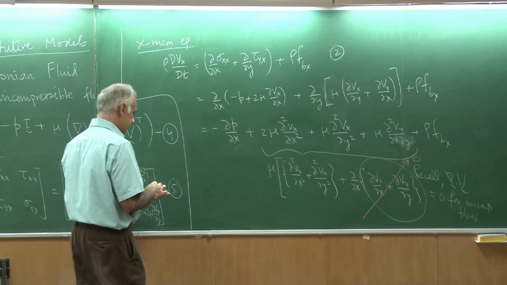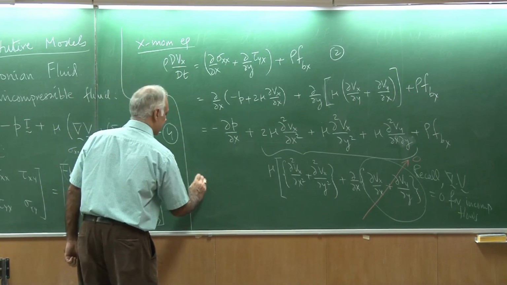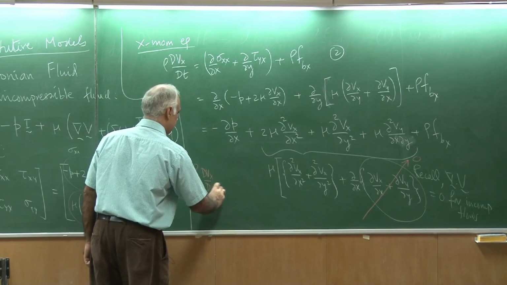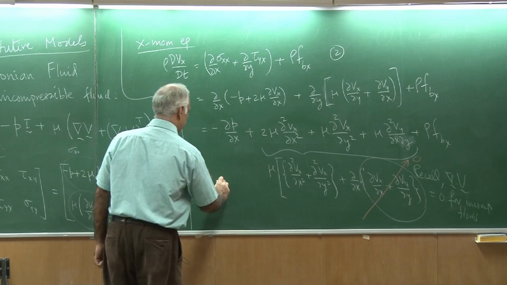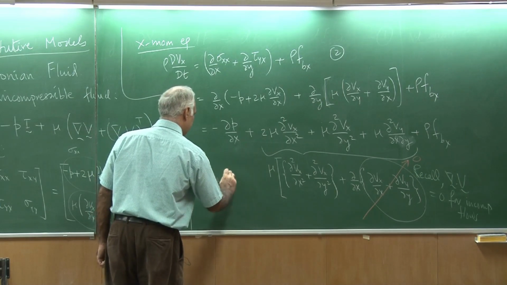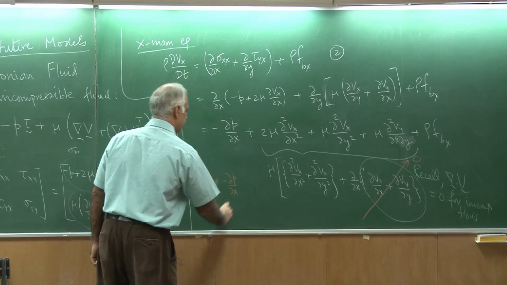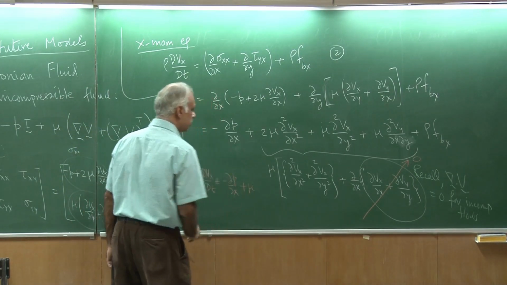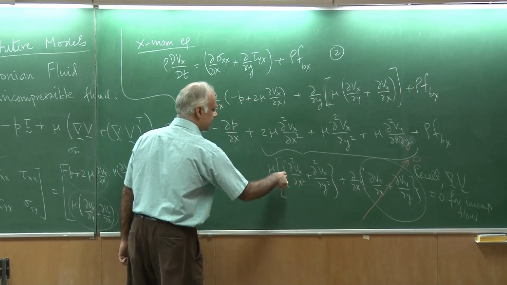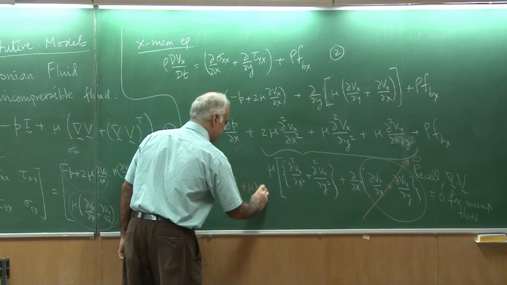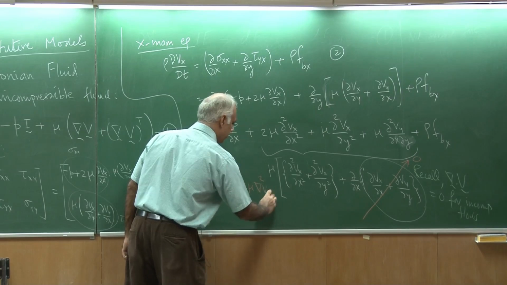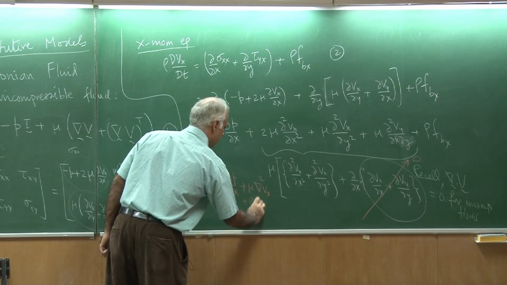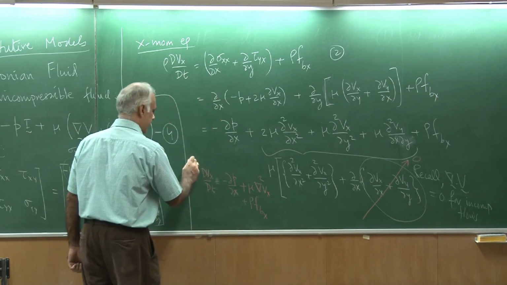And then what I get is my final equation as rho dVx by dt plus this is minus del p del x plus mu. I get this term over here, and I can write this as the Laplacian of Vx and the rho f bx.